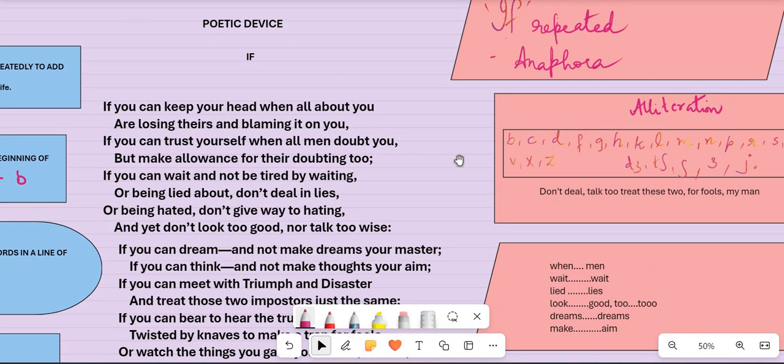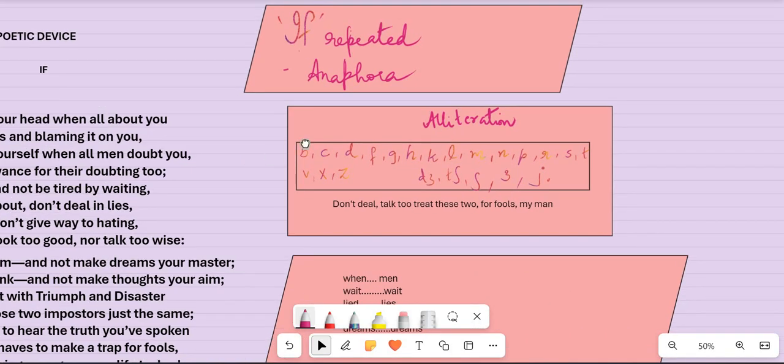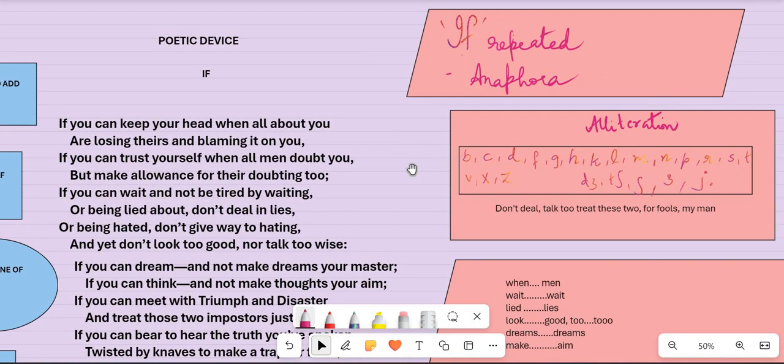So here we have some speech sounds that represent consonant sounds. What are they? B, K, D, F, G, H, K, L, M, N, P, R, S, T, V, Z, Ch, J, Sh, Y. All these are examples of consonant sounds.